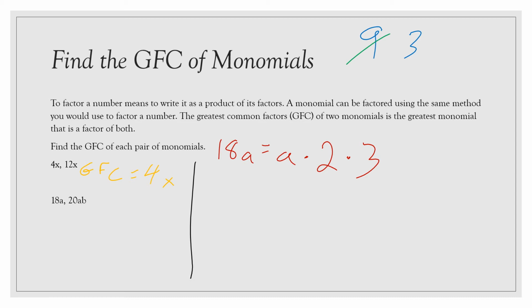So that means that this is another 3. So the factors that go into 18a, our smallest factors, are a, 2, 3, and 3. And if we were to multiply those back together, we would have 18a. So now let's deal with our second one, 20ab.